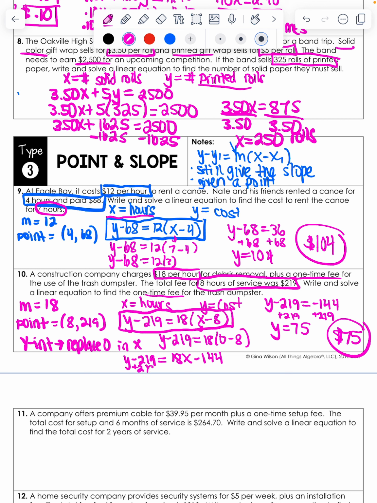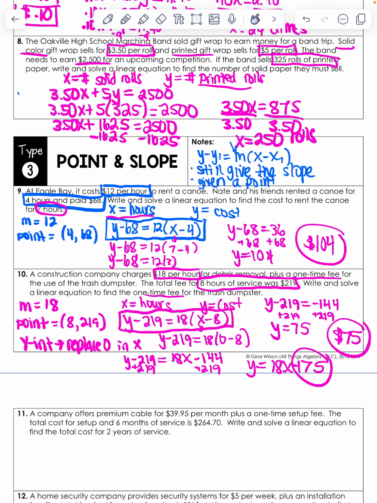And then when we add the 219 to both sides, we get the equation y equals 18x plus 75, where 75 is the y-intercept. So either way is fine, both methods make sense, and whichever method makes the most sense is the method that you would use.